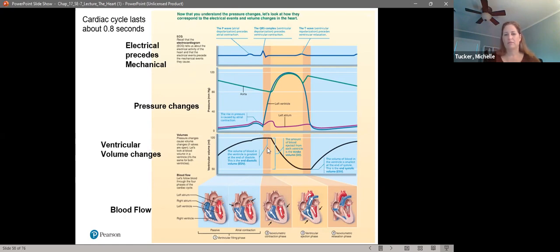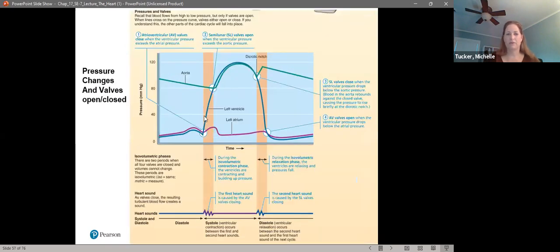These darker, I guess, dark tan lines are going to indicate when valves open and close. So we are going to have the closure of the AV valves, and at the end of this is called isovolumetric contraction, while the opening of the semilunar valves, but we haven't quite gotten there.